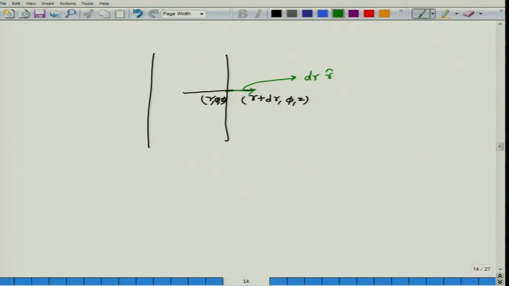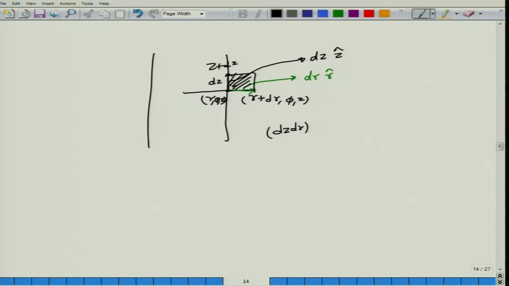If I move a certain distance dz along the z axis, I would be landing from z to the z plus dz point, having moved a distance of dz z hat. Now if I consider the product of dr and dz over which I have moved, what I will get is this particular surface area.